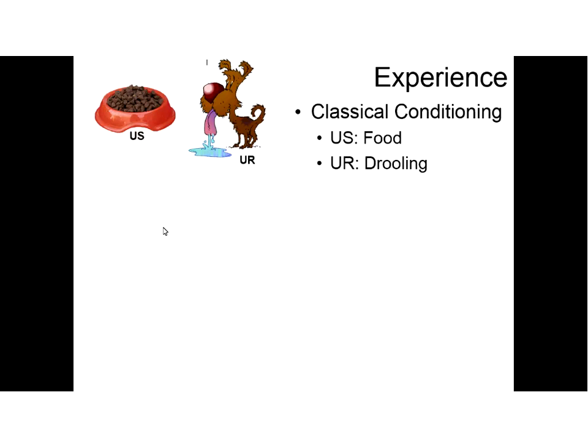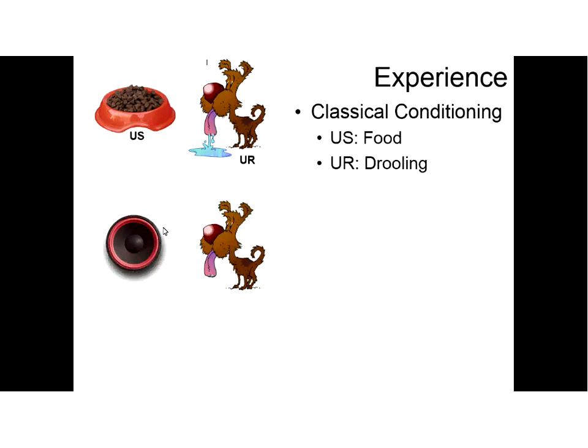The food is going to be ingested, and you need to prepare the body for that oncoming food you're going to have to digest, so you increase the saliva. The drooling is the unconditioned response. So those are the two components of classical conditioning. Hopefully this is familiar for folks.